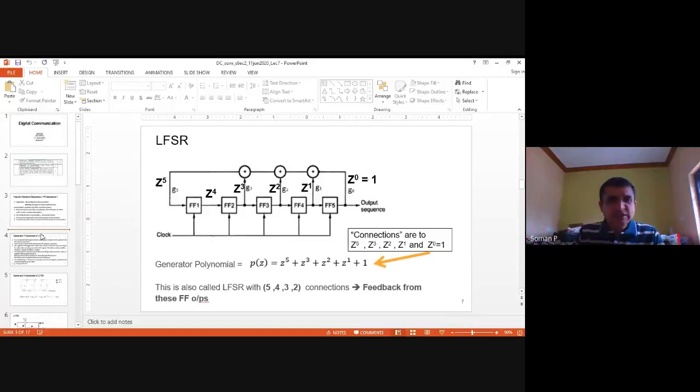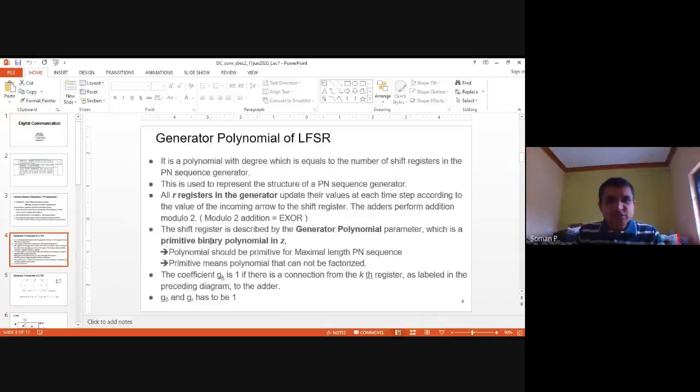So basically, the generator polynomial has a degree equal to the number of shift registers in the PN sequence generator. In the picture I have shown, there are 5 flip-flops. So the generator polynomial will be a polynomial in Z having a degree of 5.